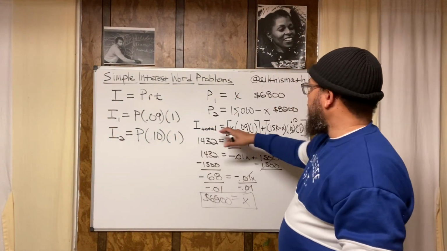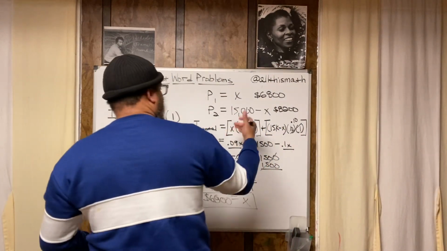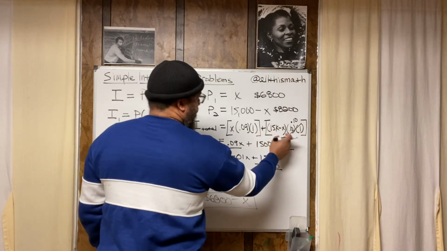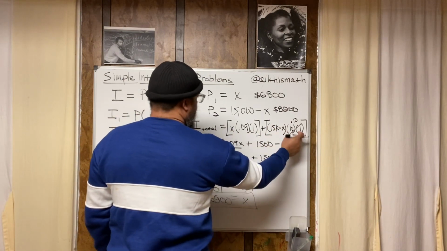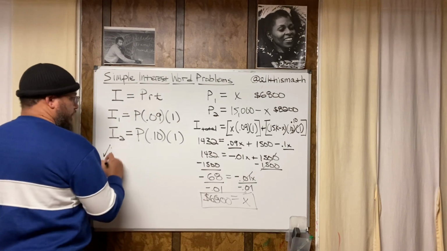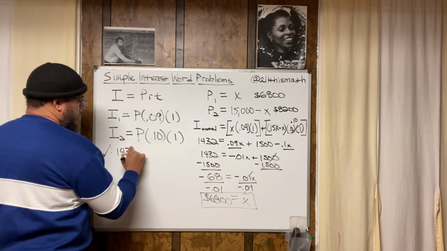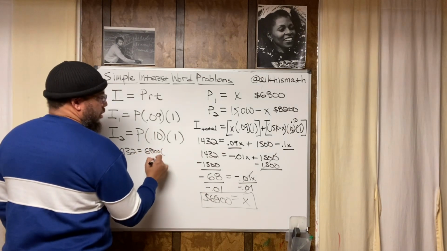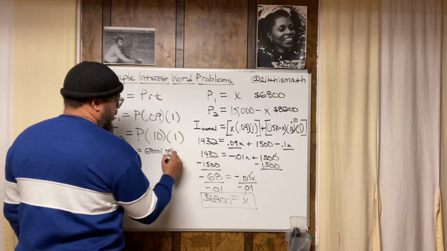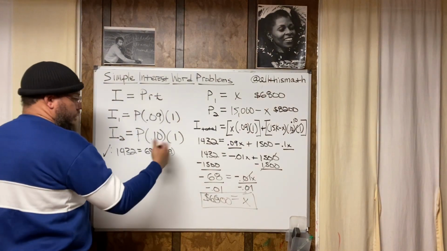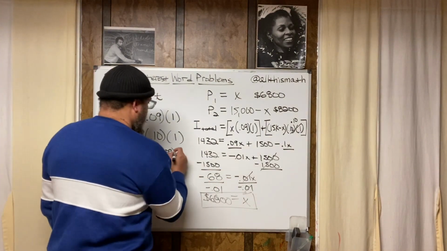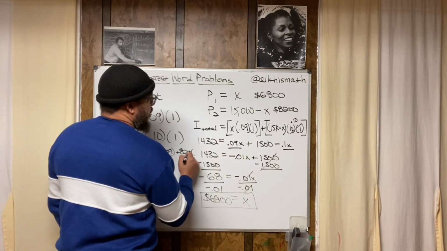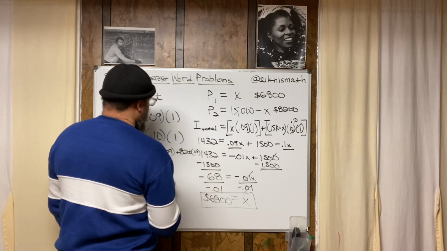So we got to go back in and make sure that 1432 is in fact equal to 6,800 times this plus 8,200 times this. So let's check over here. 1432 is equal to 6,800 times 0.09 times 1, because the time is 1, but we don't have to put that because it's just multiplied by 1 anyway, plus 8,200 times 0.10.